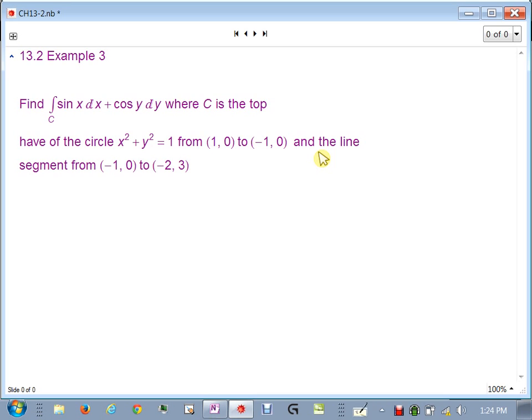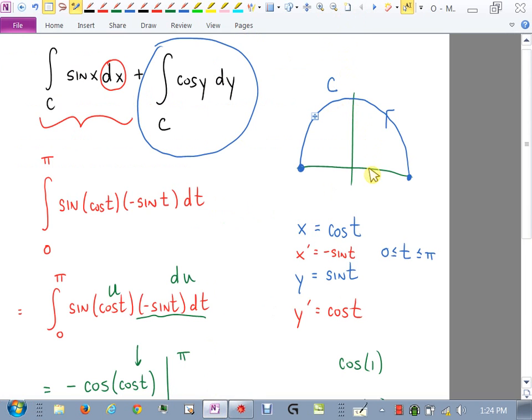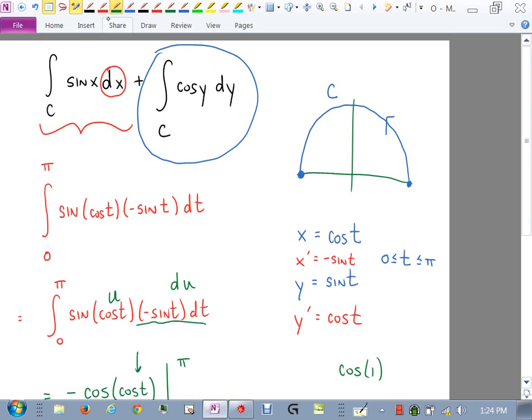So all I've done is I've only integrated it over one part of C, right? Just the circle part. I still need to do it over the line segment. So imagine here, this is C. C should have actually extended to negative 2, 3. 3 is up here. I have a line segment that goes here.